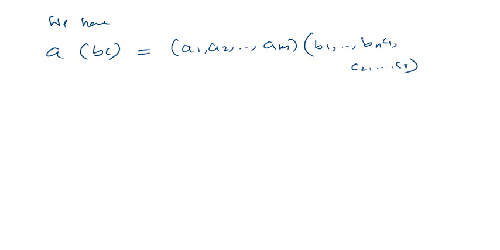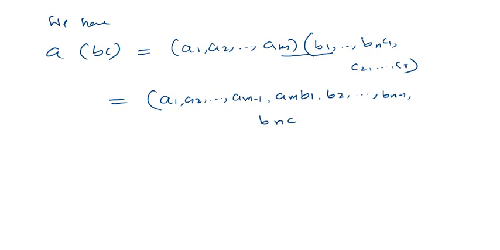Again the index is same, it's equal to A1 A2 ... AM minus 1, then AM B1 B2, then we have here Bn minus 1 Bn C1 C2 ... Cr.